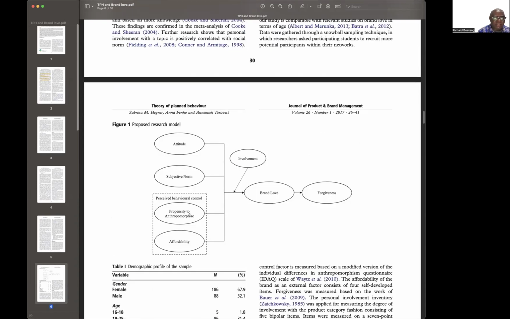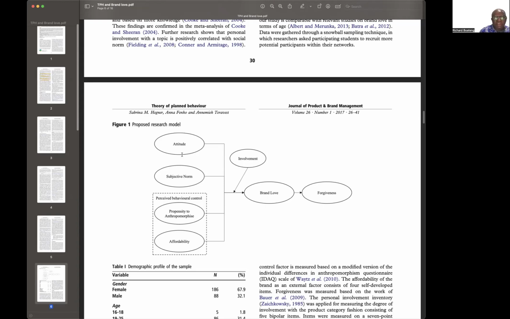That means the ability for that brand to act like a human being or have a human nature in terms of how we position them, how we package them, how we even market it. So he's saying that the three of them will lead to brand love, the intention to perform a behavior, and then lead to forgiveness. This is what he did as his proposed research model.